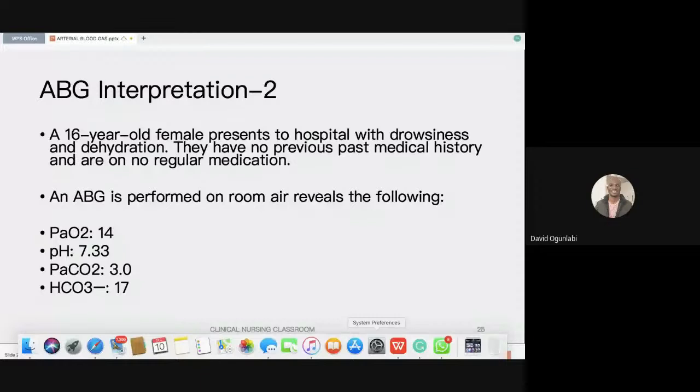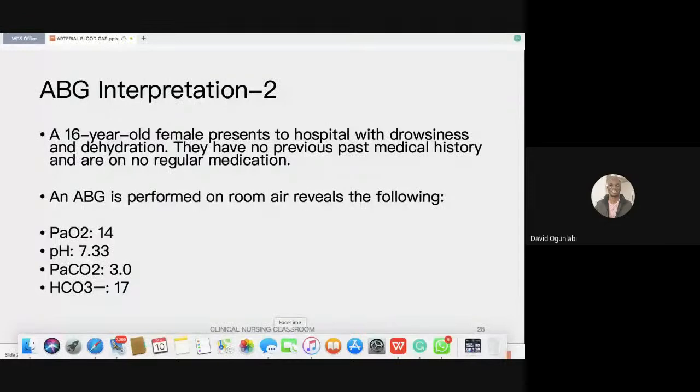So let's go back to our PaCO2. PaCO2 is 3.0, and we already said alkalosis is going on there. What does that tell you? Let's reason it. It's trying to compensate. Yes, the respiratory is compensating for this problem.